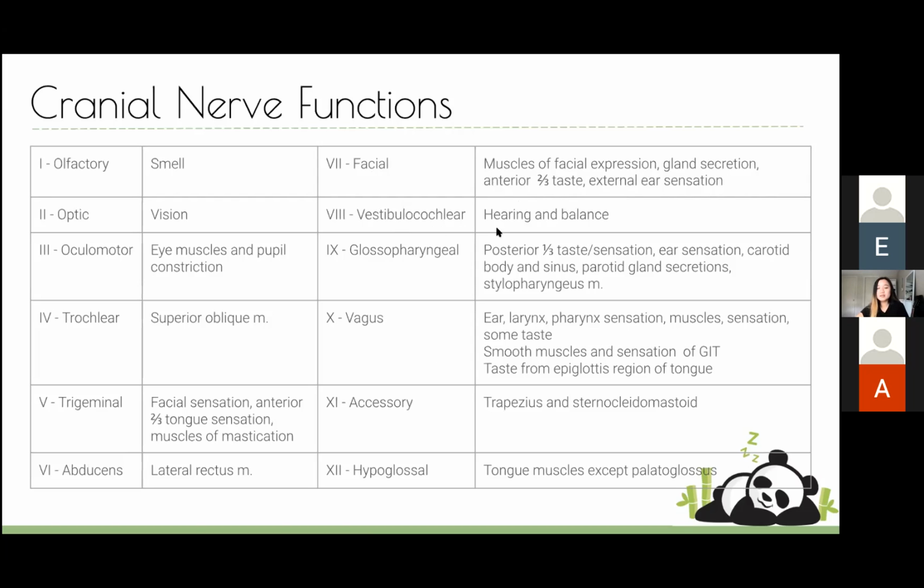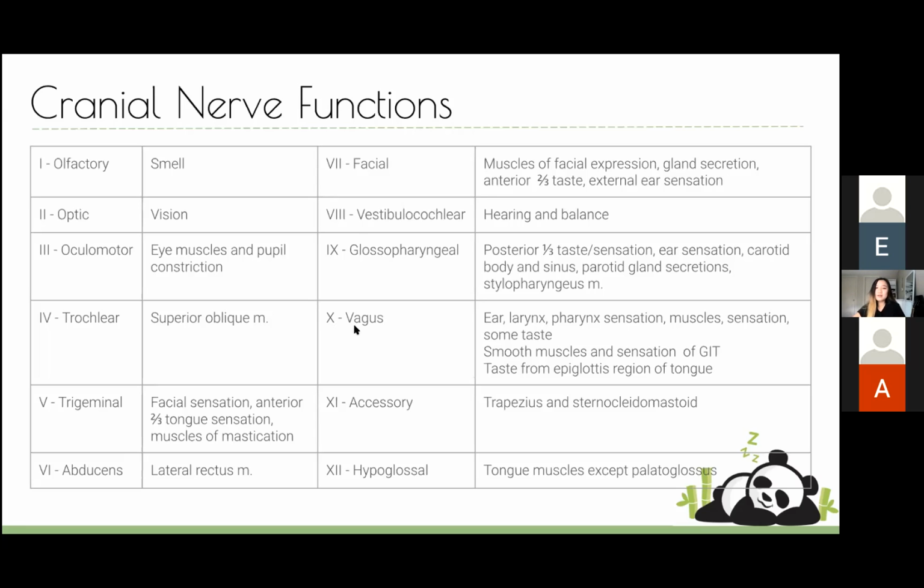Vestibulocochlear is hearing and balance. Glossopharyngeal, or CN9, gives you a lot of random things, but it does the posterior third of your tongue in terms of both taste and sensation. It does your parotid gland secretions and some other things like your stylopharyngeus.